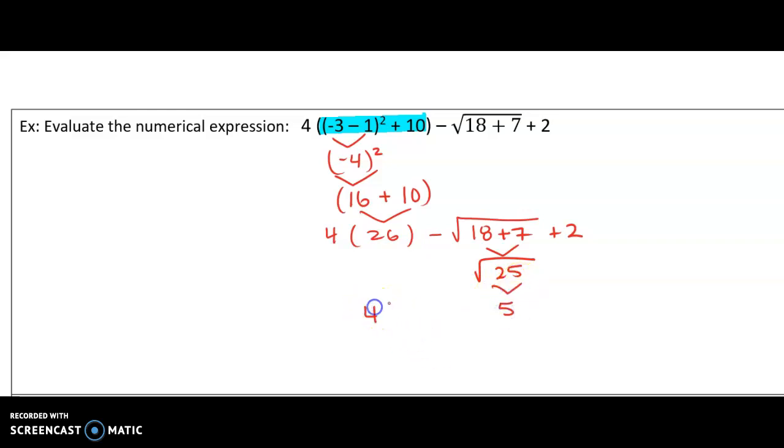So now I have 4 times 26 minus 5 plus 2. I'm going to do my multiplication first, 4 times 26, which is 104, minus 5 plus 2. And then I'm going to work from left to right since I have addition and subtraction left. 104 minus 5 is 99, and 99 plus 2 is 101.